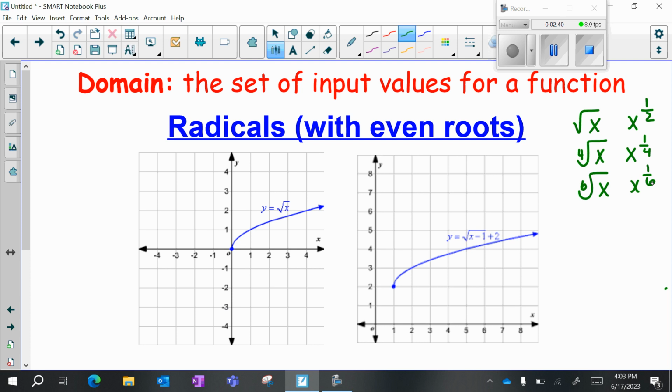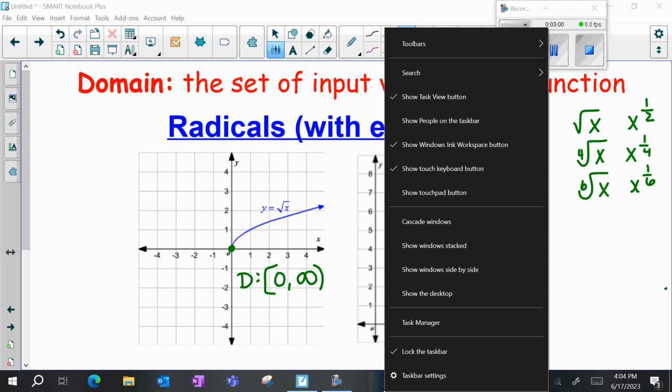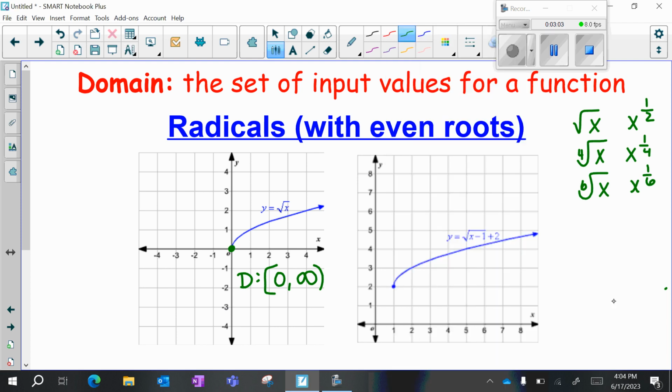So if I look at my square root function, my range and my domain are not all real numbers. I'm going to look just at domain right now. So my square root function, my domain, starts here at 0 and goes to infinity. Or you may see it written like this: x is greater than or equal to 0.